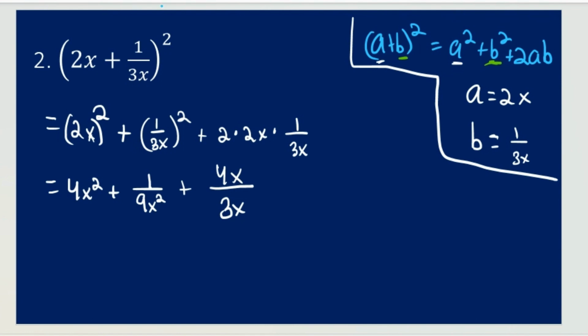Since there is an x in the denominator and an x in the numerator, we can cut the x's. So our final answer is going to be 4x squared plus 1 over 9x squared plus 4 over 3.